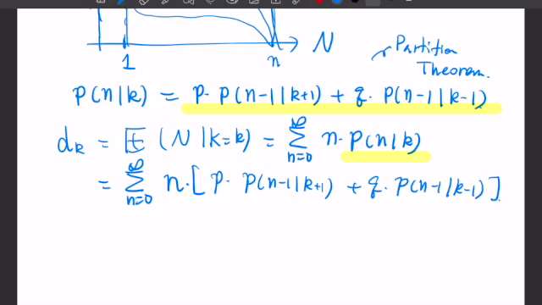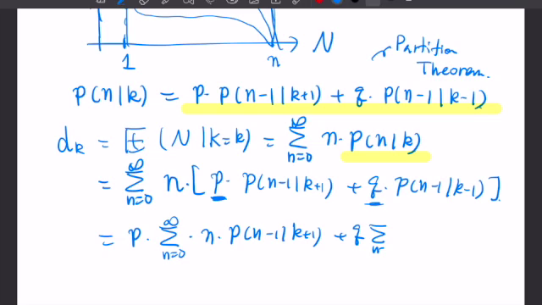And we expand this and factor these constants out, and we have p sum of n P_{n-1} given k plus 1 and q sum of n P_{n-1} given k minus 1.